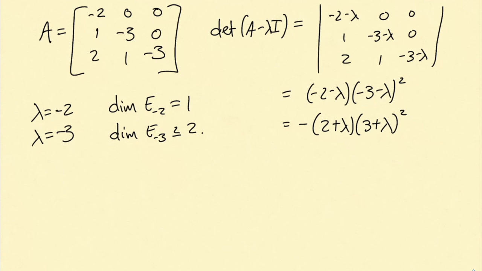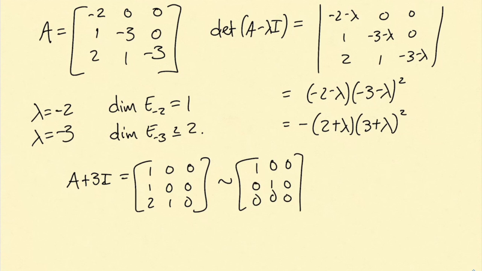So we start out by computing the dimension of E -3. To do that, we take the matrix A plus 3I and row reduce. We can see here that the rank of the matrix A plus 3I is 2 because there are 2 pivot positions.